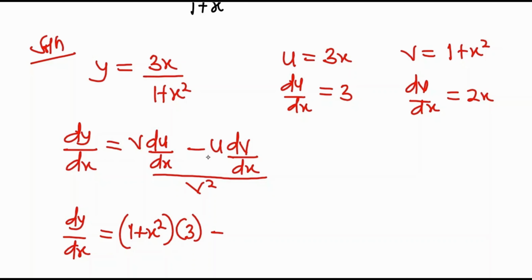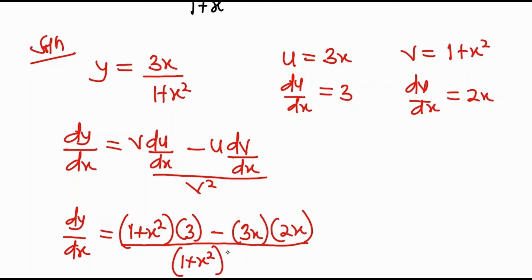Minus u, which is known to be 3x, multiplied by dv/dx, which we know to be 2x. Now it says all divided by v squared, and v squared here is v all squared, so that gives us 1 plus x squared all squared.